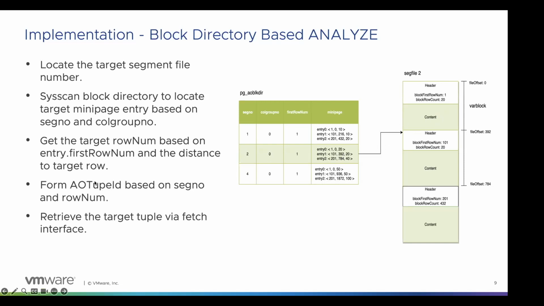We form this tuple TID and pass it to the index fetch interface to get the target tuple. So this is the block directory based analysis. It's more performant than the var block based analysis because there's no need to sequentially scan all the block headers. It just jumps to the target block and reads the tuple.